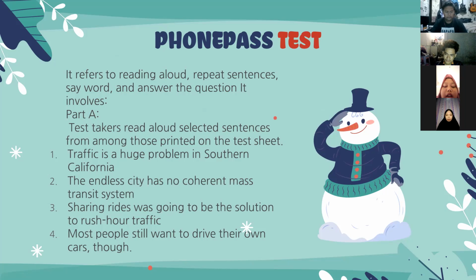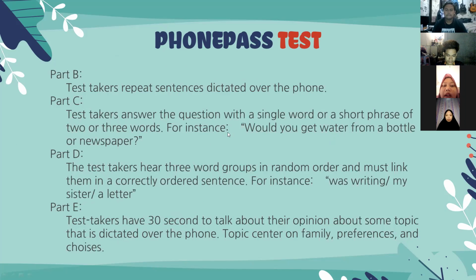So in this part, the test taker will read aloud some sentences, and then in part B, next slide. In part B, the test takers repeat sentences dictated over the phone. In part C, the test taker answers the question with a single word or a short phrase of 2 or 3 words. For instance, would you get water from a bottle or newspaper?